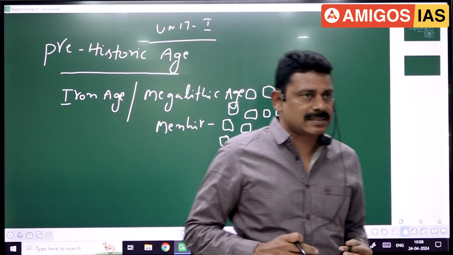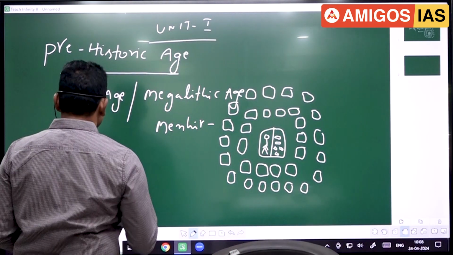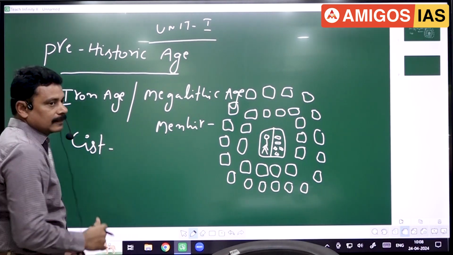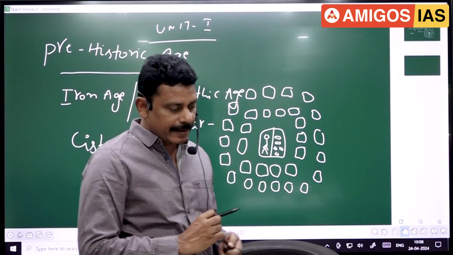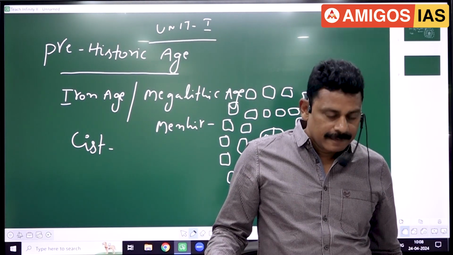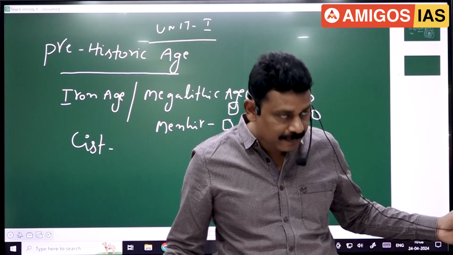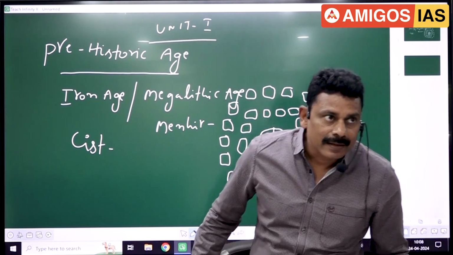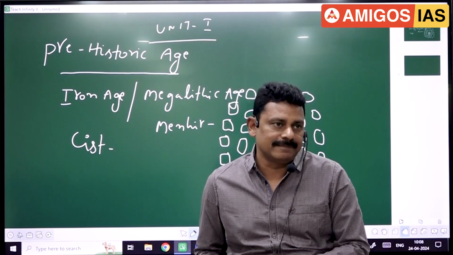Then cyst, another kind of grave used by them, another kind of burial practice, where in this cyst kind of graves, they used to make a granite shaped coffin.